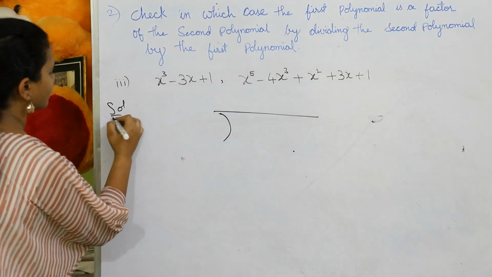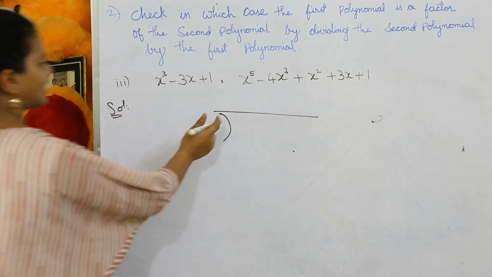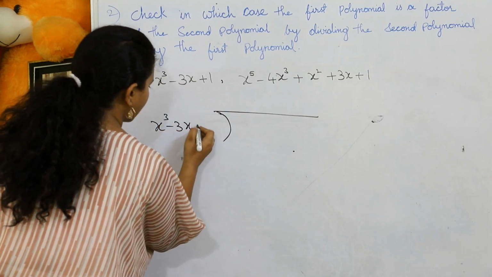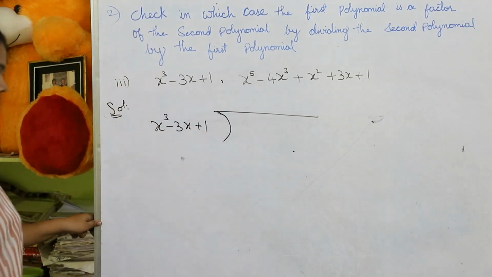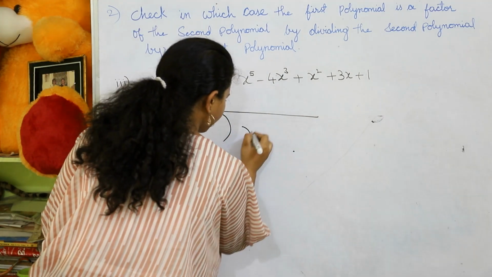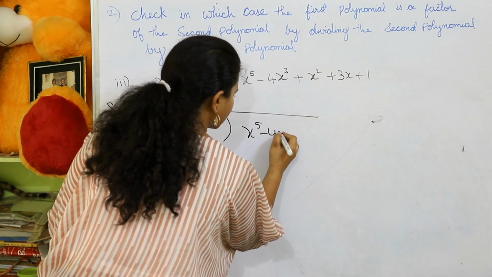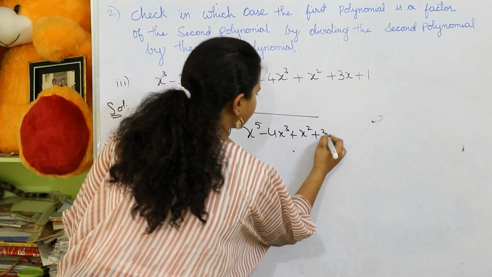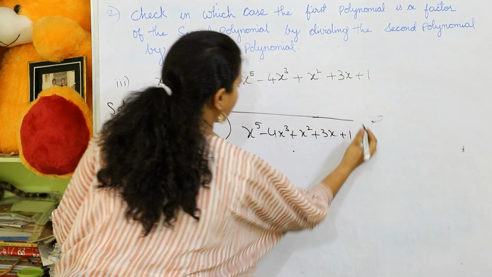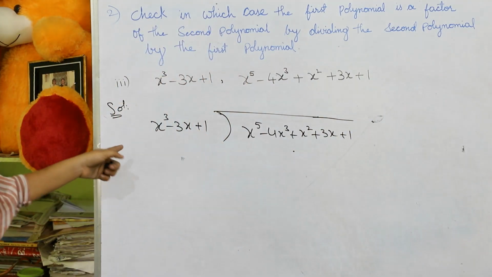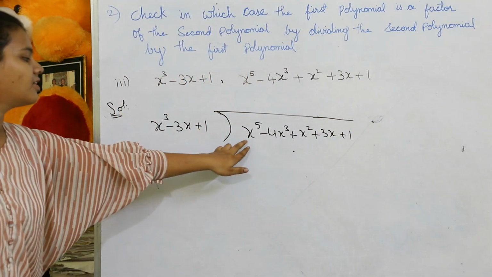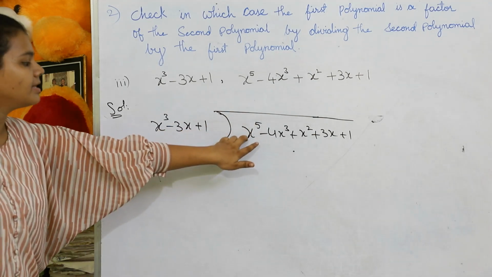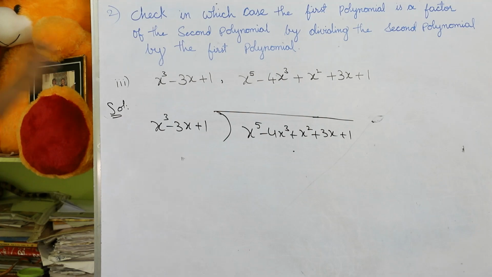Here you have the divisor, let me write down the divisor, where x cube minus 3x plus 1 is the divisor. Let me write down the dividend, where x power 5 minus 4x cube plus x square plus 3x plus 1. So now guys, what you do? Coming back to here, x power 5 is the first term, and just consider the first term in p of x and the first term in g of x.